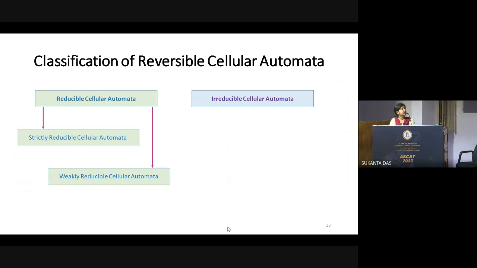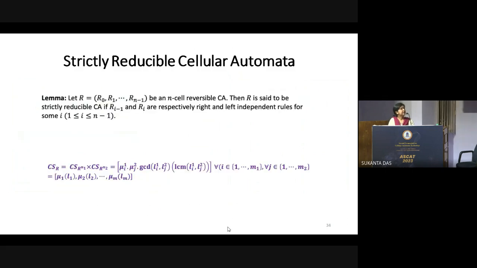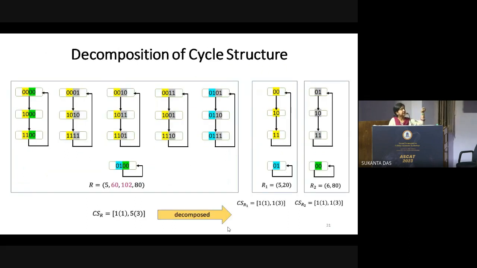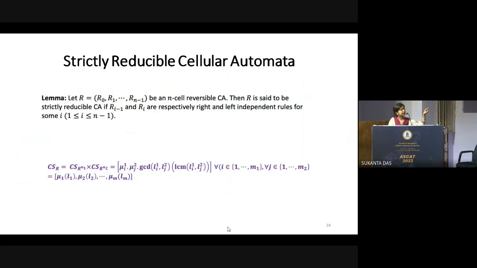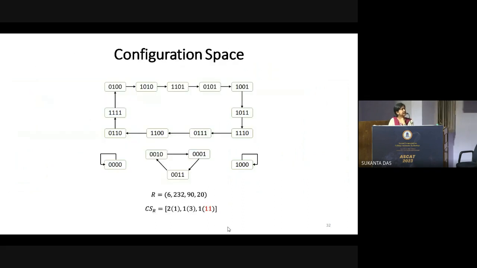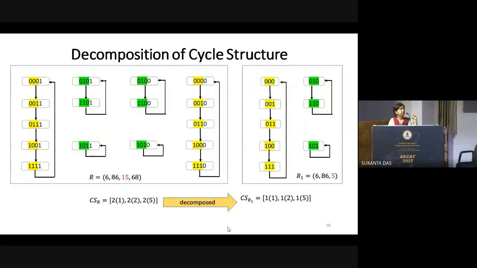Now, reducible cellular automata can be of two types: strictly and weakly. Strictly means the entire cycle structure will be divided into two parts. If I move back here, this is the example of strictly reducible CA. Now, what is weakly reducible CA? This is the example of weakly reducible CA. That means the cycle structure can be decomposed, but not like this.